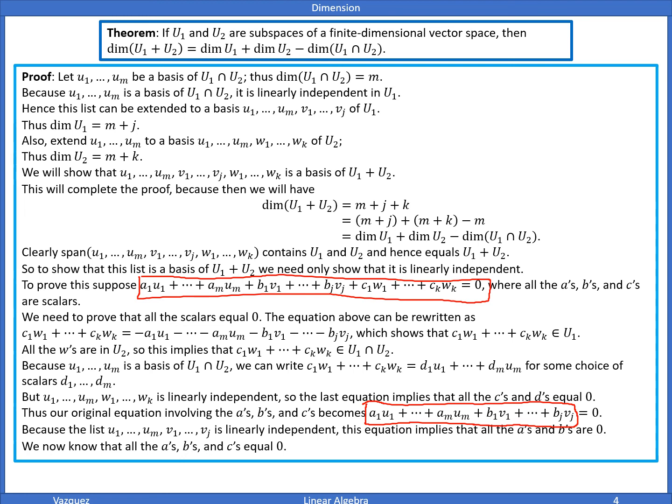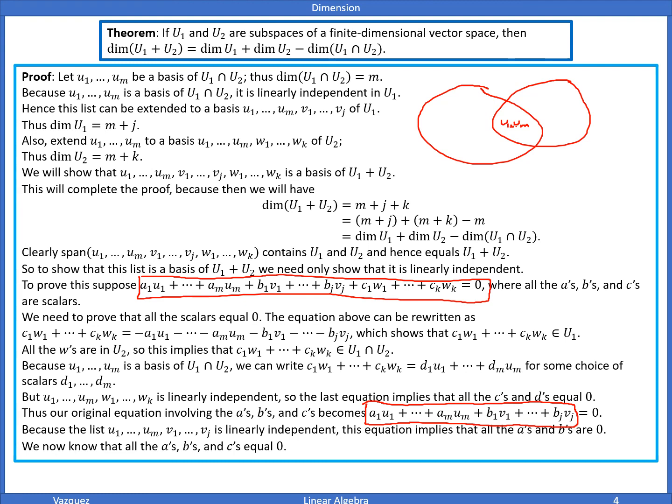So it's not too hard to follow. Maybe it'll help if you draw the Venn diagram and then show that U1 to UM and everything in between spans the intersection.